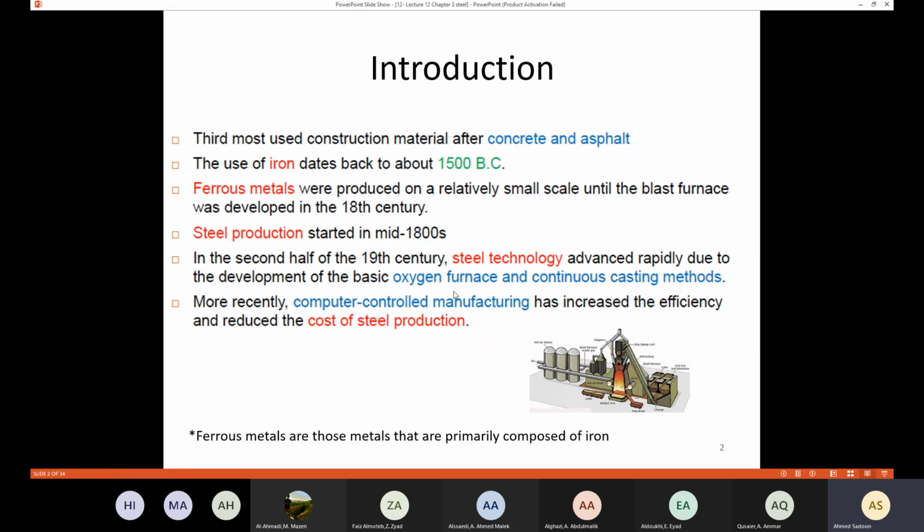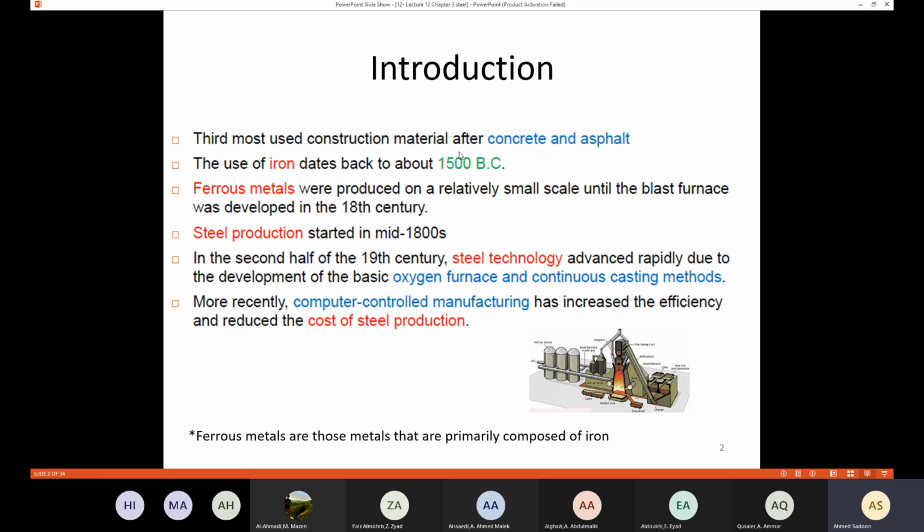This one is used to reduce the amount of carbon in the steel and also to remove impurities. Also we have the continuous casting method, which means that after we get the steel directly, we produce the materials from the steel. And more recently, computer-controlled manufacturing has increased the efficiency and reduced the cost of steel production.